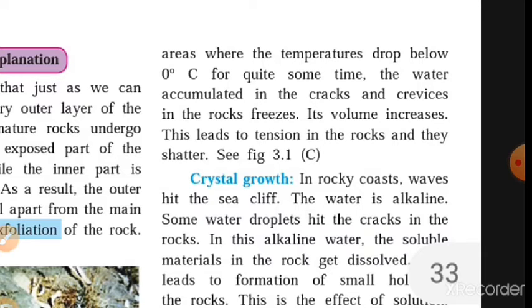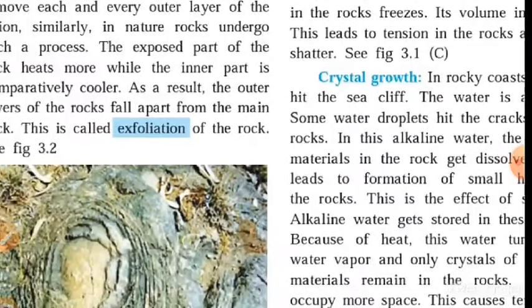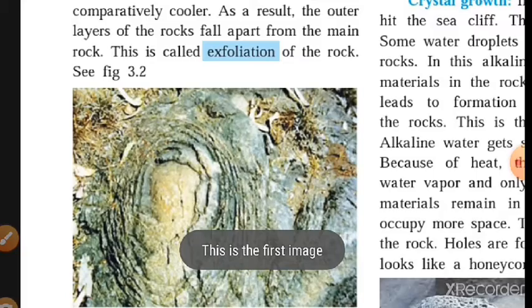Because of the tension created in the cracks, the cracks and crevices become bigger, and the rock shatters. Fine. Again, I expect you to give this part time to read.